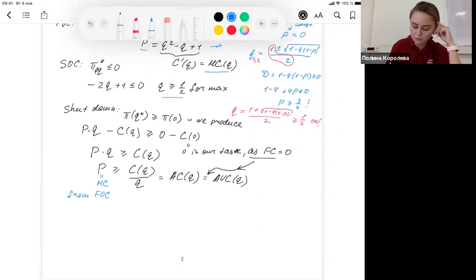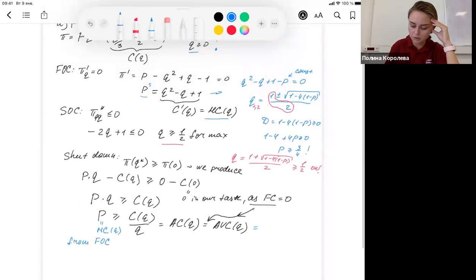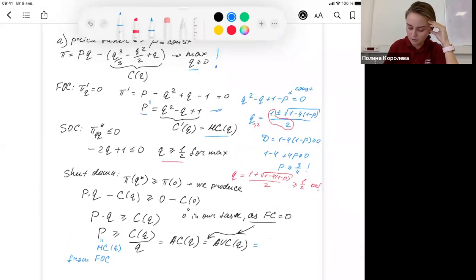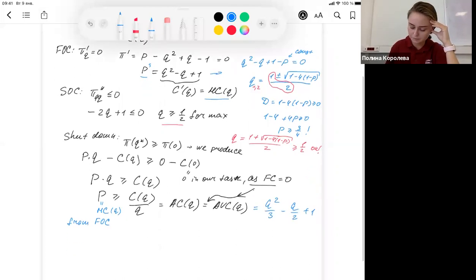We know the function for marginal costs, and we can now find the function for average variable costs. Let's do it. We divide our total cost by Q. This will be Q square over 3 minus Q over 2 plus 1.